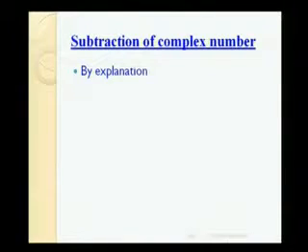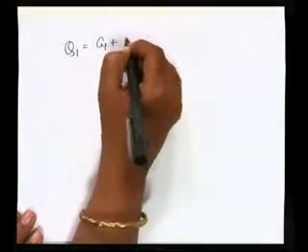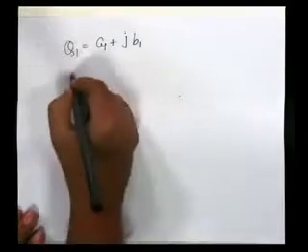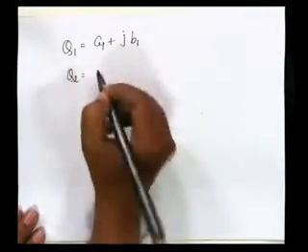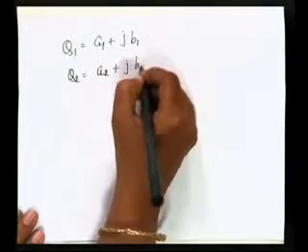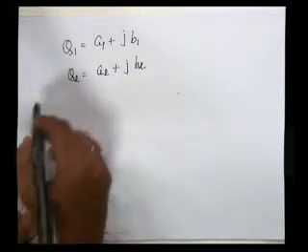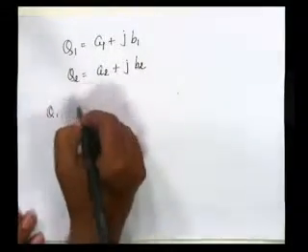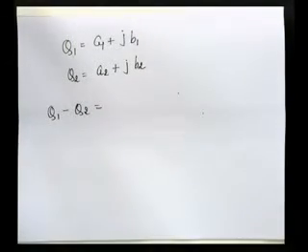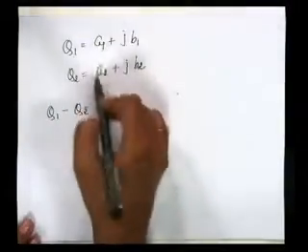Again, two vectors are given to you. Q1 is equal to A1 plus jB1 and Q2 is equal to A2 plus jB2. You have to find the subtraction of two vectors. So it is like this: Q1 minus Q2. As we did in addition, same way make the subtraction of real part.